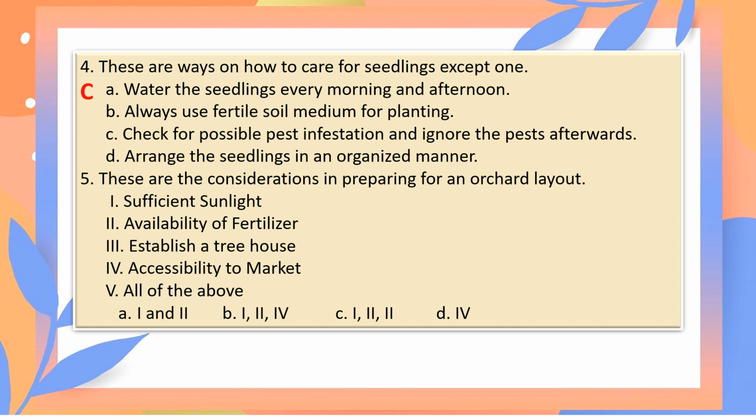So, what is the answer, children? Okay, so letter B. So we have Roman number 1, 2, and 4. Sufficient sunlight, availability of fertilizer, and accessibility to market. So did you get the 5 correct answers?